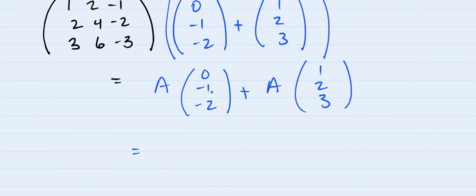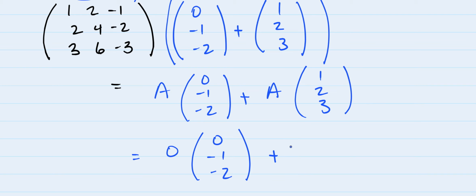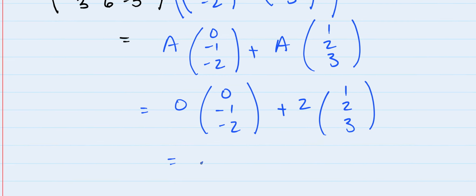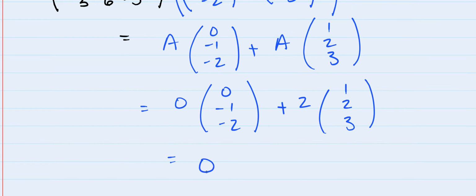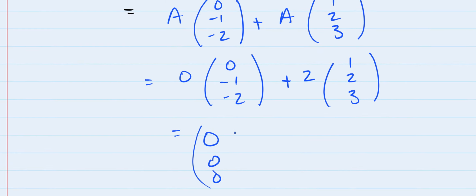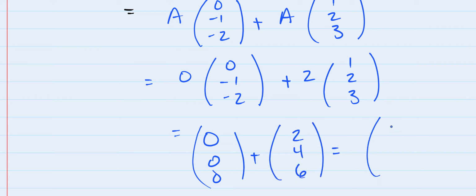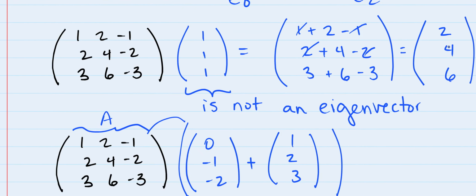But this belongs to the 0 eigenspace, so this is 0 times 0, negative 1, negative 2, plus, well, this belongs to the 2 eigenspace, which is 2 times 1, 2, 3. And we get 0, 0, 0, plus 2, 4, 6, which is 2, 4, 6, which is what we wanted, right?